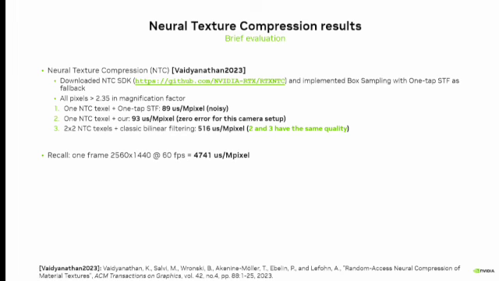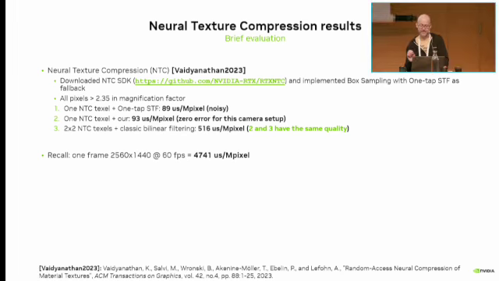We did some neural texture compression experiments. This is a super brief evaluation. We downloaded the NTC SDK. I made sure that all pixels in a scene that were rendered were magnified at least 2.35. When we tried with one NTC texel and one tap STF, the result was 89 microseconds per megapixel, but then the result is quite noisy.